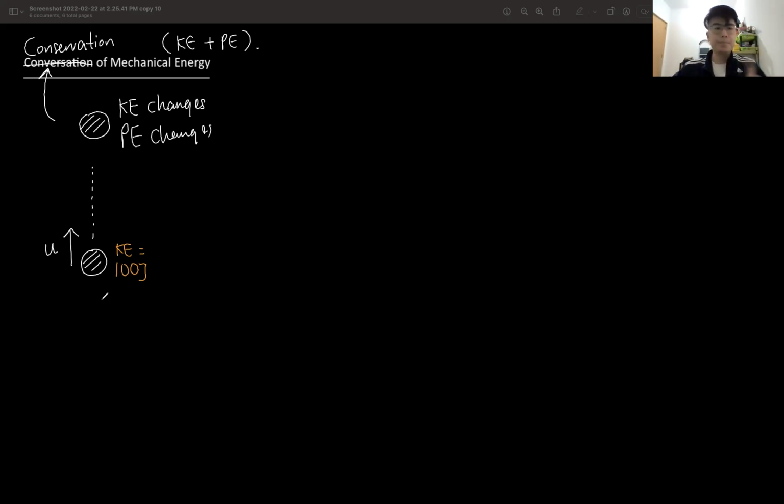When I tossed it, I only look at when the ball leaves my hand, until the point where the ball is at the maximum point. Anything before and anything after, I will not look at it. Okay? It's like I trim it out of reality.